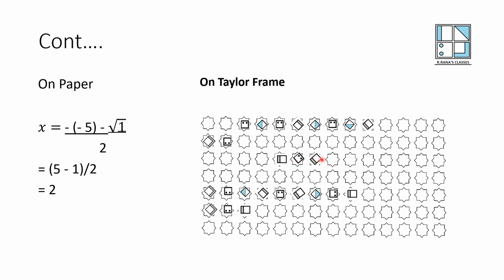And on calculating, we get x is equal to 5 minus 1 brackets close divided by 2, which is x is equal to 2. So second root of quadratic equation is 2. Using these things, we can find roots of any quadratic equation.